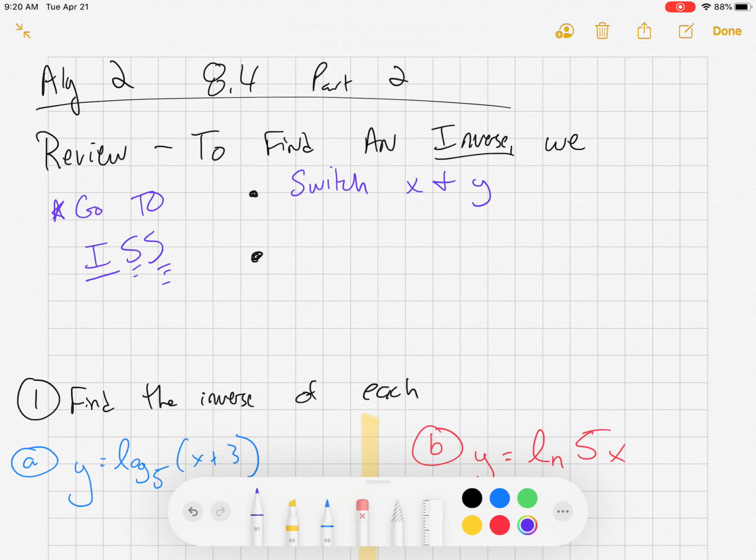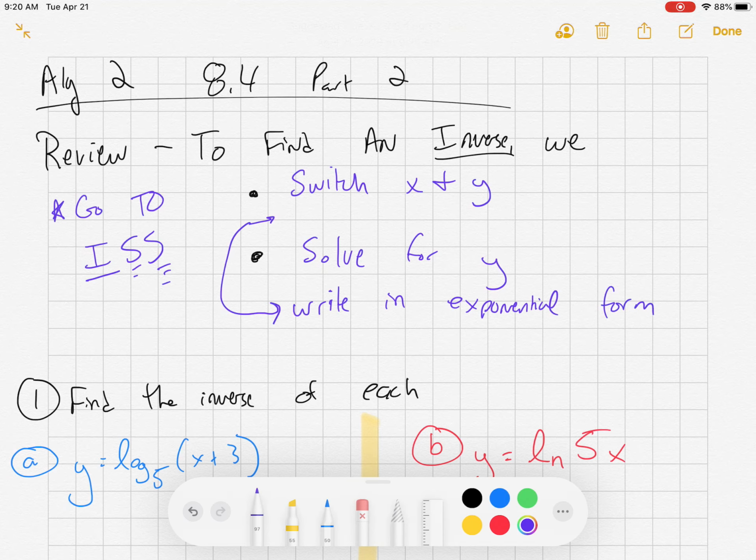So again, our first step is to switch x and y. The second part is to solve for y. However, I'm just going to add in one little step here, and that's to write in exponential form and not logarithmic form.